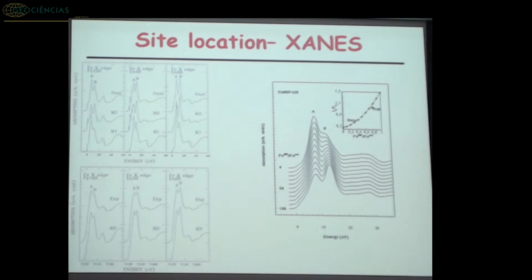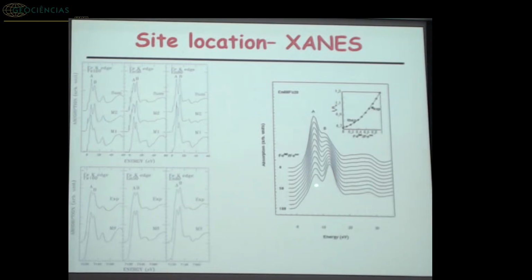It's possible not only to simulate the region at high energy, the so-called EXAFS region. It's possible to simulate also the region close to the edge. It is much more complicated. It may take a few months to have a good fit, but at the end we managed to simulate both the contributions of the iron in the M1 and M2 sites and do a sum for different compositional ranges.